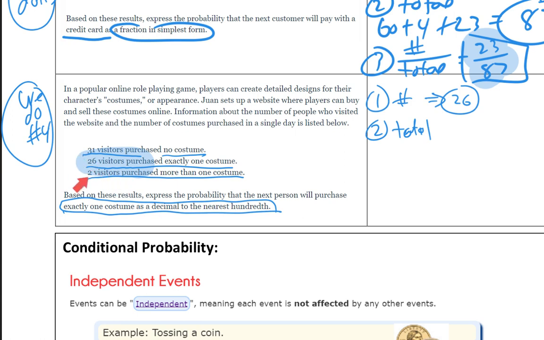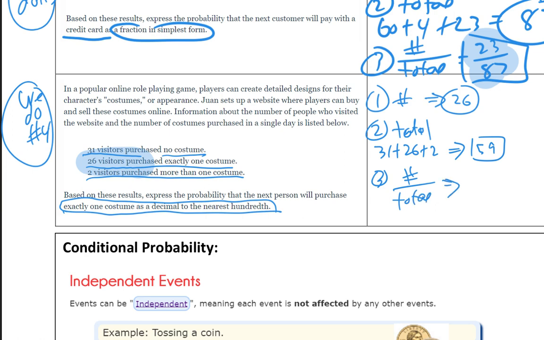are adding up these numbers, right? So we're going to say 31 plus 26 plus 2, and that's going to be equal to 59, right? Okay, so then the third thing, we're just going to put our number over our total possibilities, right?